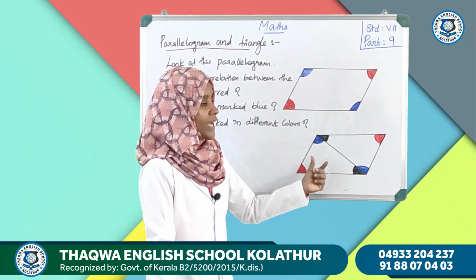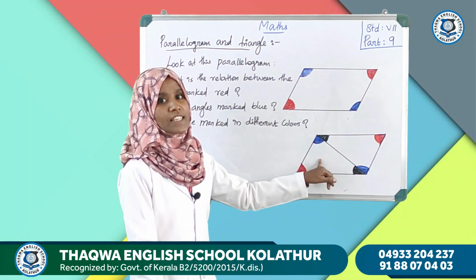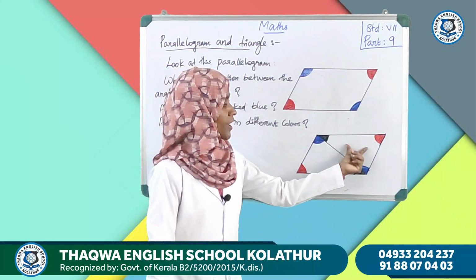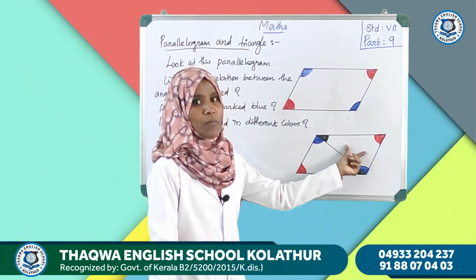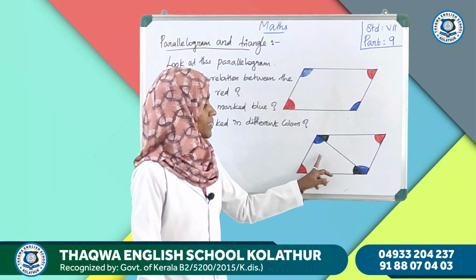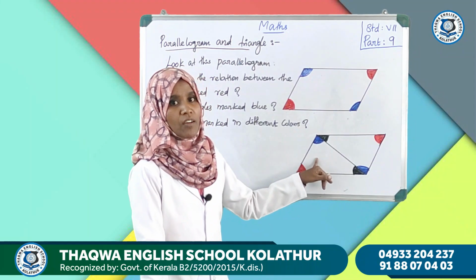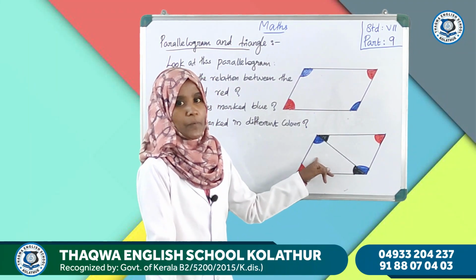Why? Yes, we know that the sum of the angles of any triangle is 180 degree. That is, the sum of the angles of these two triangles is 180 degree.